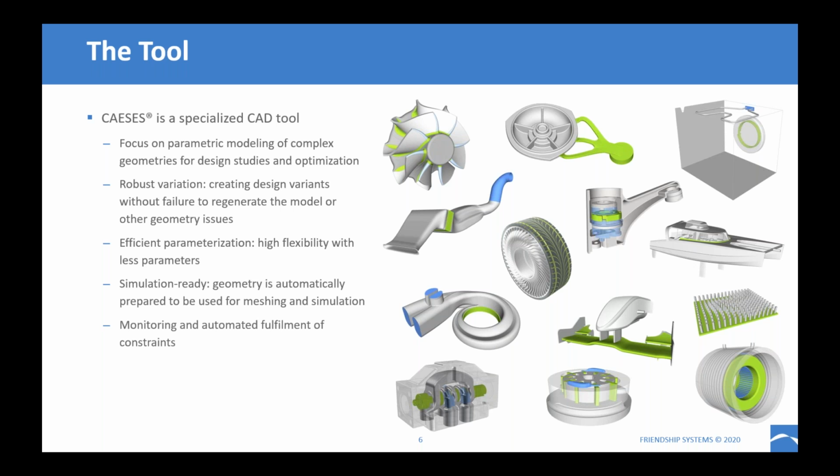Finally, in CAESES, we are able to monitor geometrical constraints, flag designs as feasible or infeasible, and also build some of the constraints directly into the model so that all the variants we generate automatically fulfill these constraints, which is of course a great gain in efficiency in the optimization process.